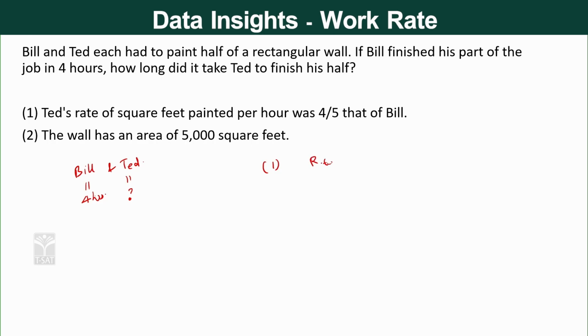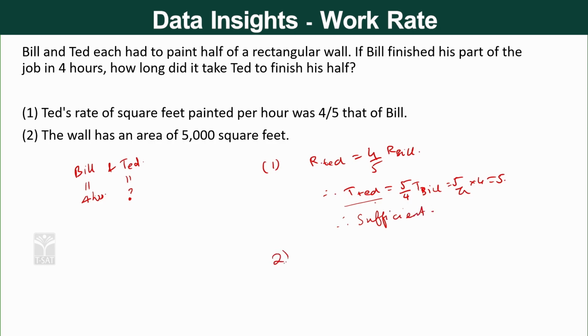So, therefore, the time Ted takes will be 5 by 4, inversely proportional to the rate. So, 5 by 4 into 4 is equal to 5. So, there you go, you have calculated the time taken by Ted. Therefore, this information was sufficient to answer the question.